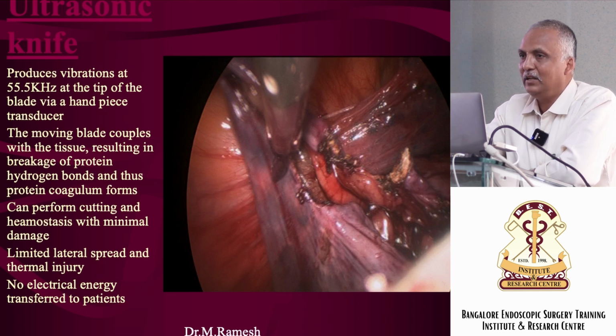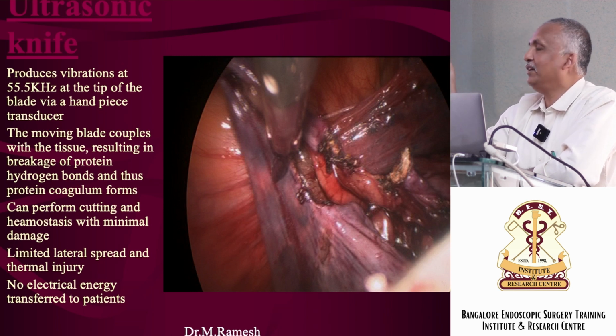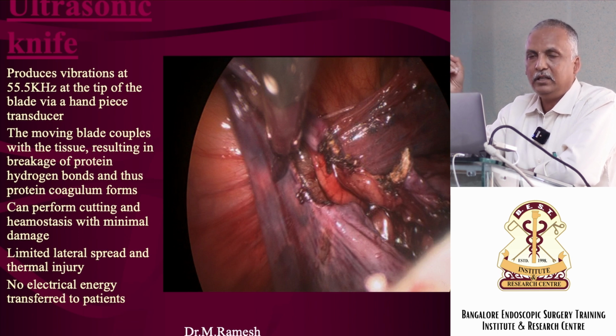Okay. Now this is 55,500, 55.5 kilohertz. Okay. If you are doing a superficial ultrasound scan, you have a 10 megahertz. So 10 megahertz is what? 10 million. That is 1 crore.